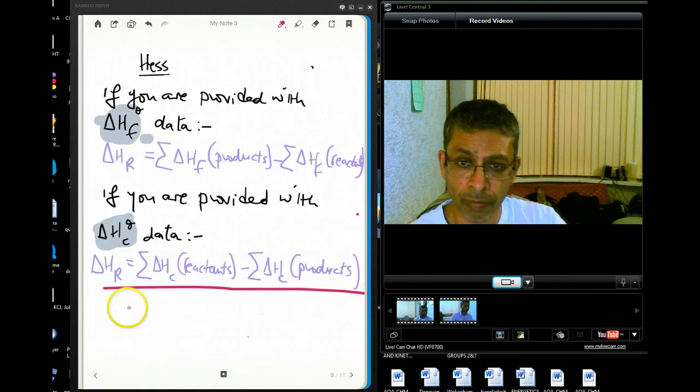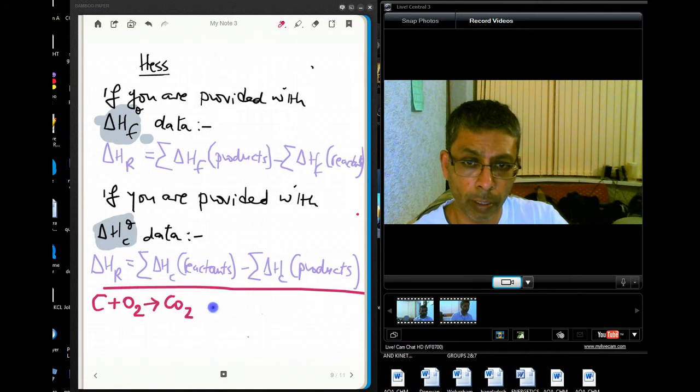Now, just a couple of things I want to say. Note that, for example, the heat of combustion of carbon: if you were to combust carbon, you're going to get carbon dioxide, and that is the heat of combustion of carbon solid.